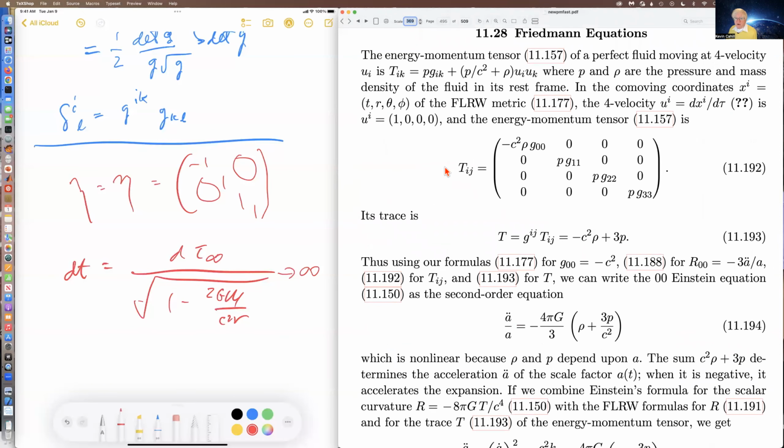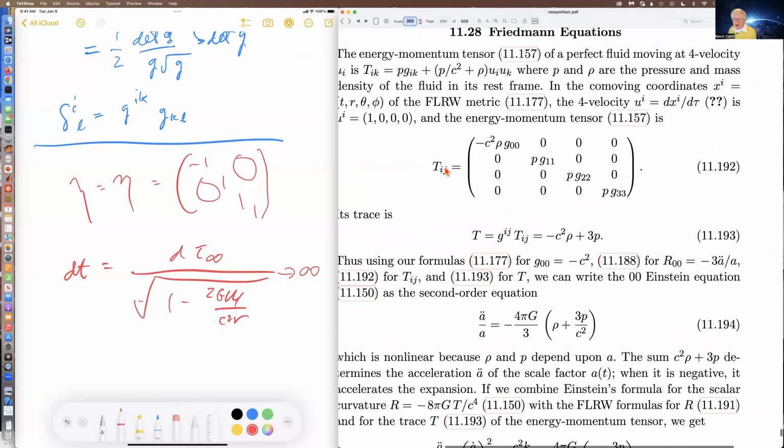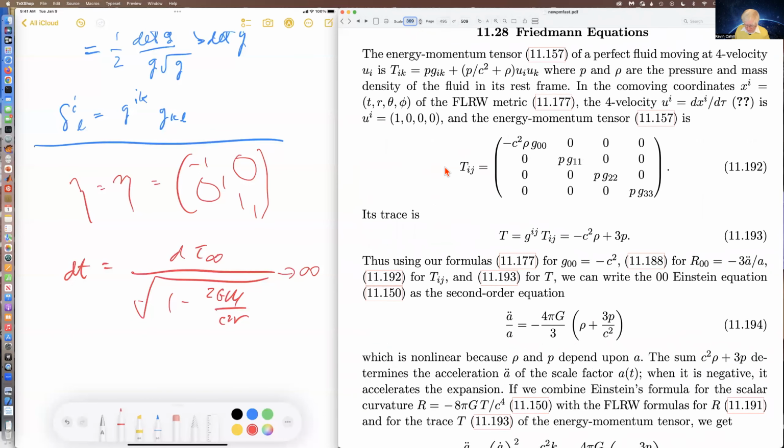So what are the Friedmann equations? Well, the Friedmann equations are what you get when you apply Einstein's equations. And again, you choose as your energy momentum tensor this simple perfect fluid model.